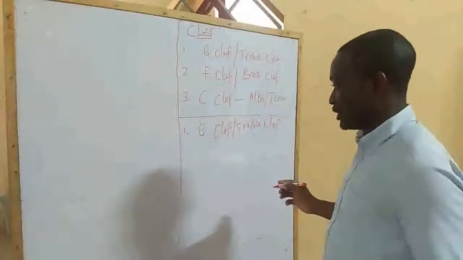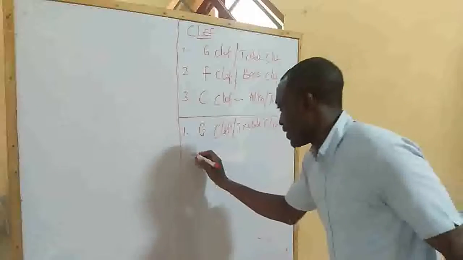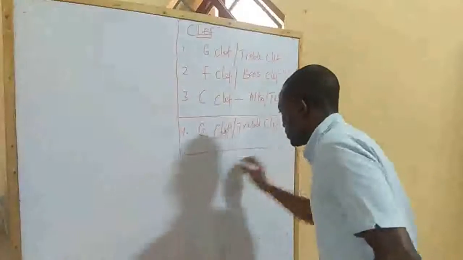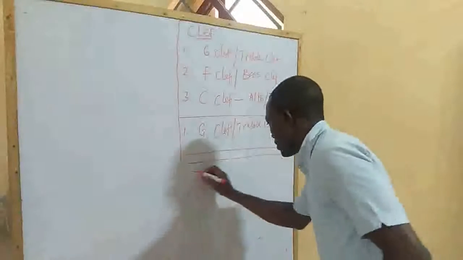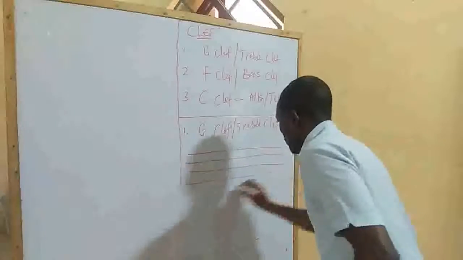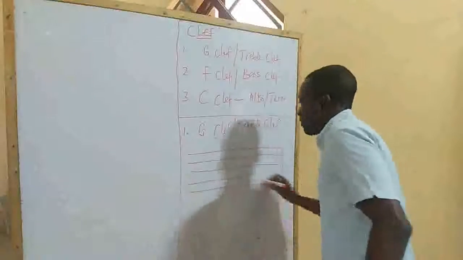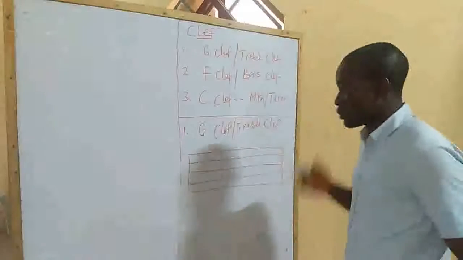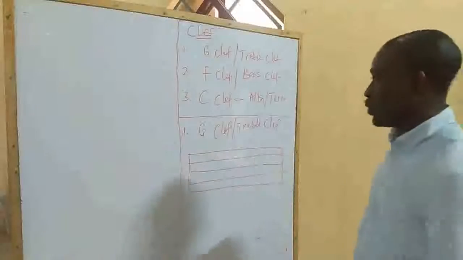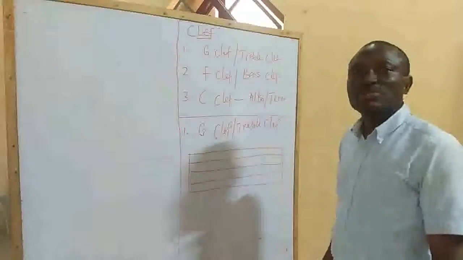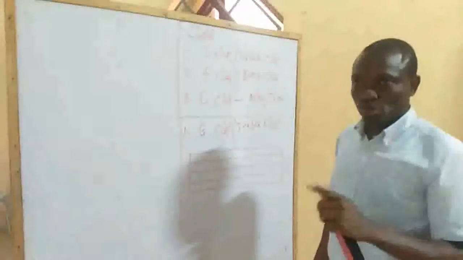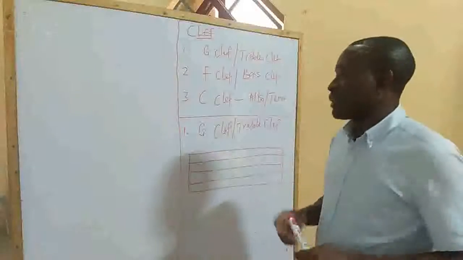How do we draw it? I'm going to draw our stave again. So 5 lines and 4 spaces. Please take note. The G clef starts from line 2. I'm going to define the clef.